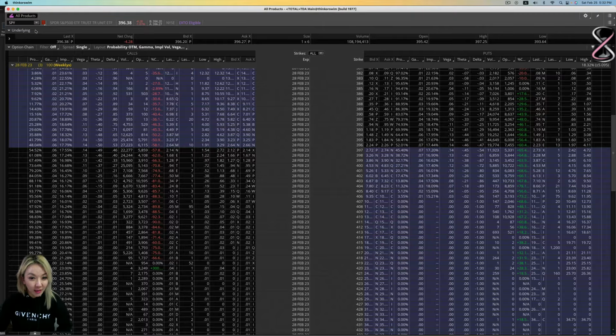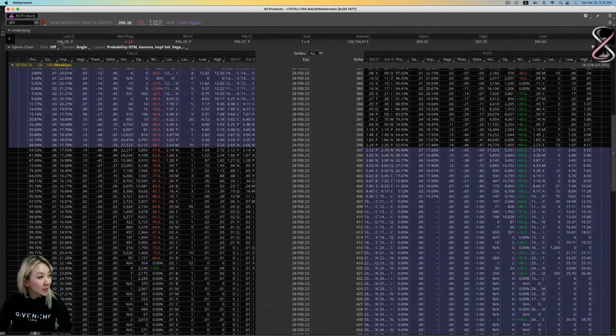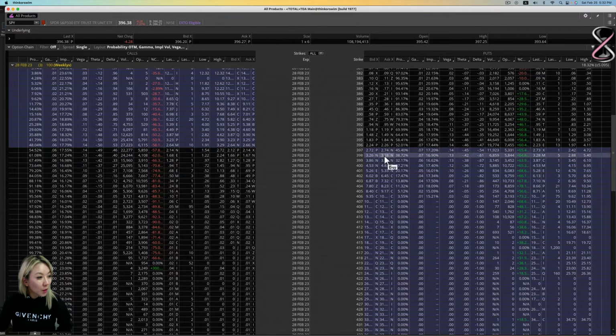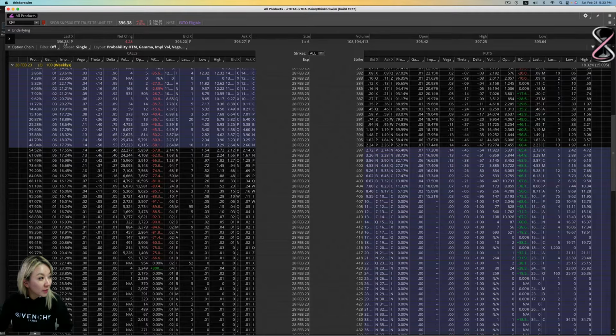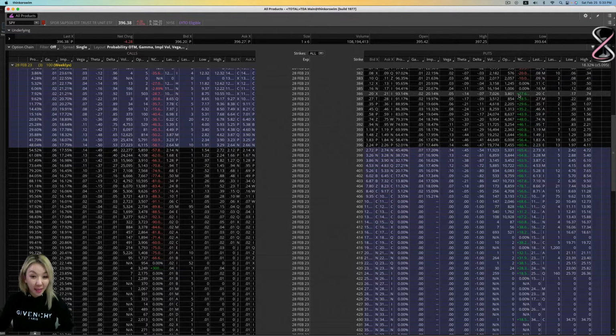So the underlying is the stock, and the price of this is 396. So at the money call would be the 396, or pretty much this area for the 397 for the puts, right? Because it's somewhere in between. So as long as it's underneath, right, or above this number for the puts is at the money.